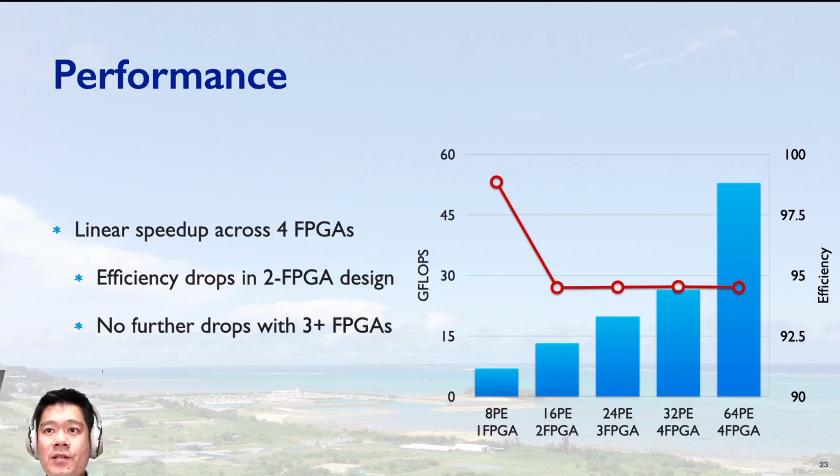So with two FPGAs, the efficiency drops by 2 or 3%, but no more drops with more FPGAs, so it's just working well, I think.